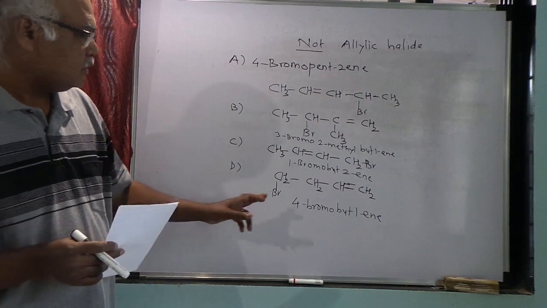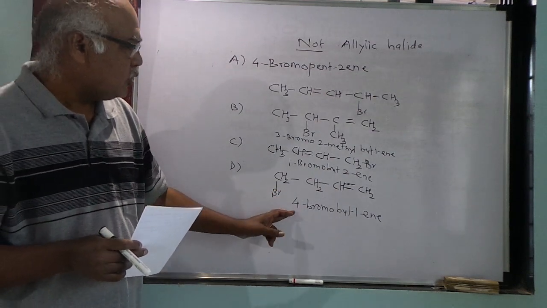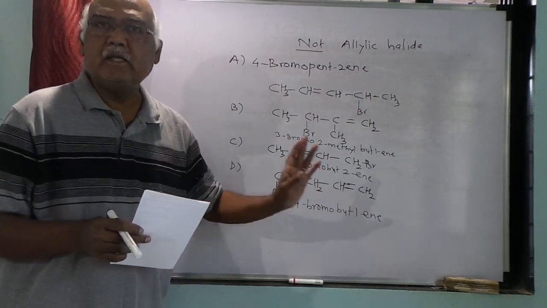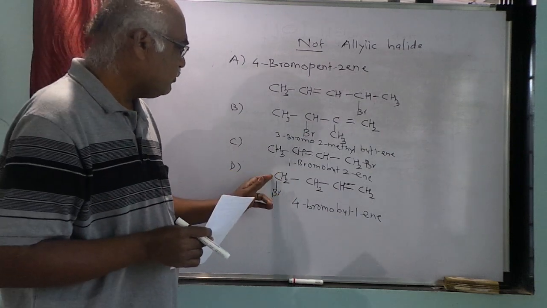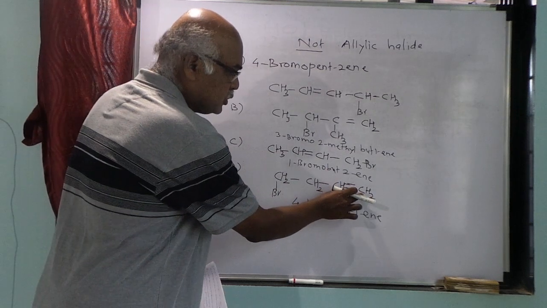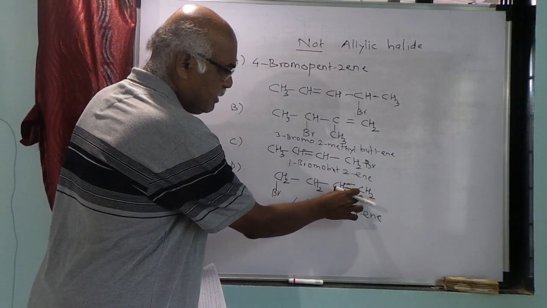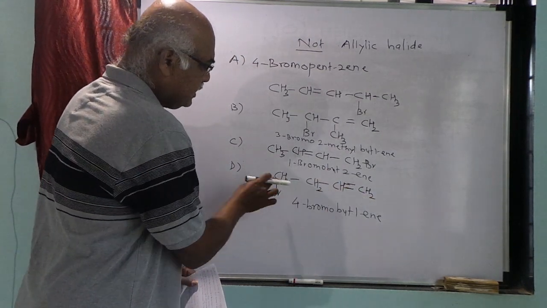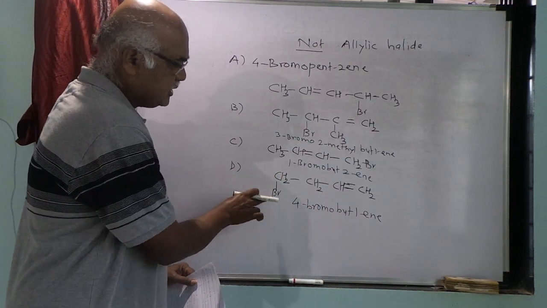And now this particular compound 4-bromo but 1-ene. So there are 4 carbon atoms, 1, 2, 3 and 4. There is double bond over here. So this particular carbon is sp2 hybridized, and this particular carbon is sp3 hybridized.